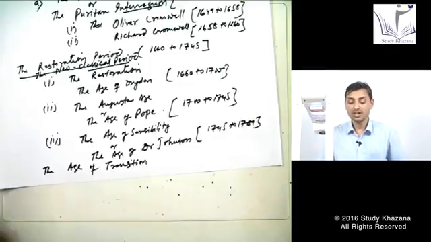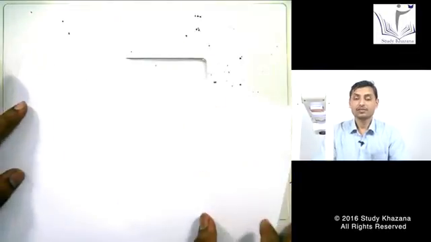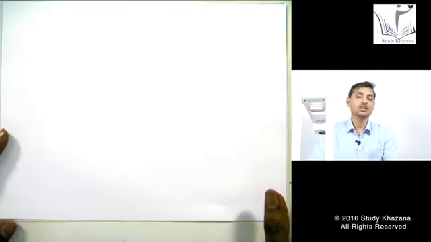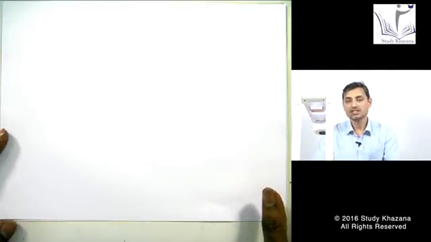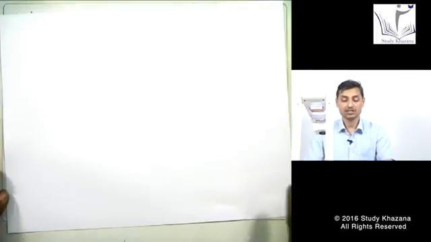By neo we mean new. So classicism was defined from a new angle. In fact, they did not imitate the classical writers blindly, rather they started modifying them from a new angle. They were not slavish imitators, rather they were modifiers. That's why they came to be called the neoclassical writers.